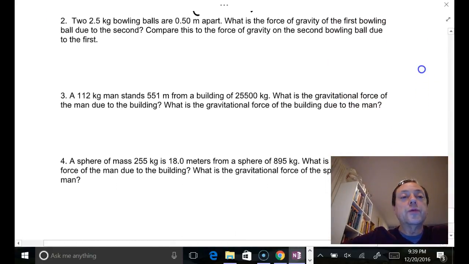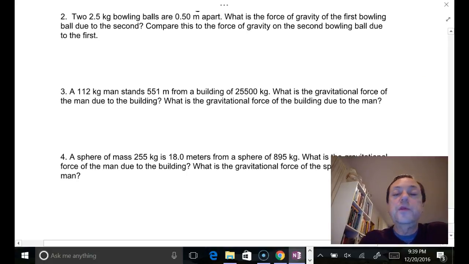Let's try the next one. This one is with a couple of bowling balls, 2.5 kilograms each. A kilogram is about 2.2 pounds, so 2.5 is something like 5-6 pounds. It says two 2.5 kilogram bowling balls are half a meter apart. What is the force of gravity of the first bowling ball due to the second, and compare this to the force of gravity on the second bowling ball due to the first.